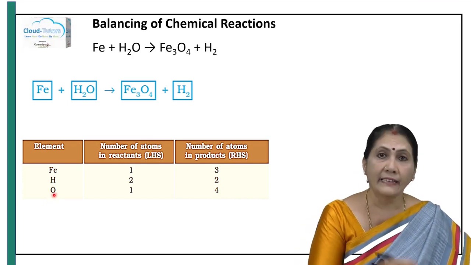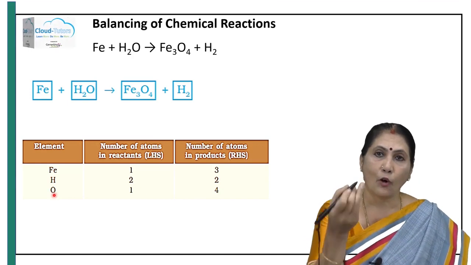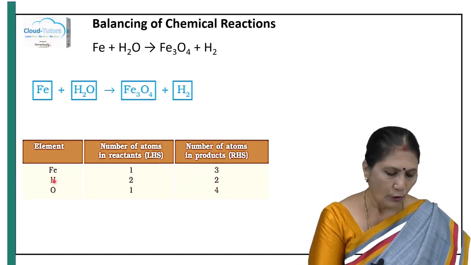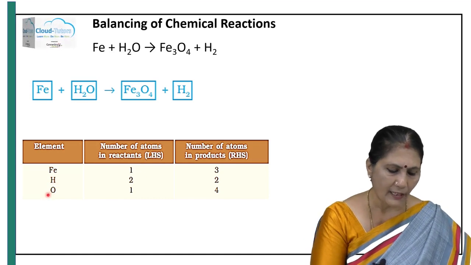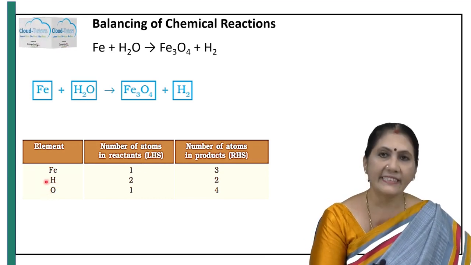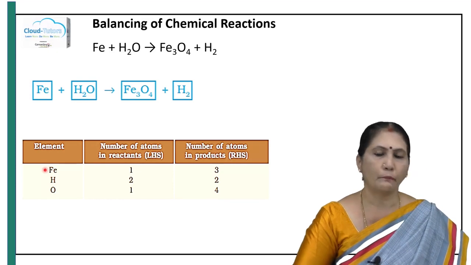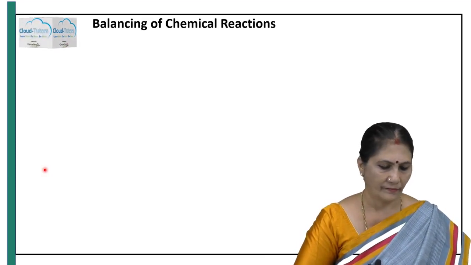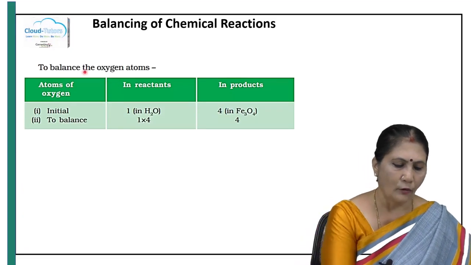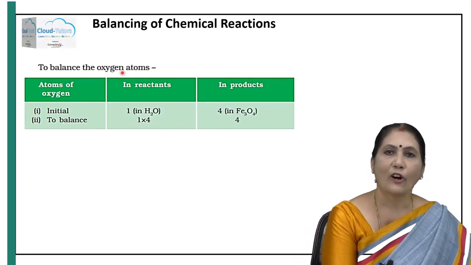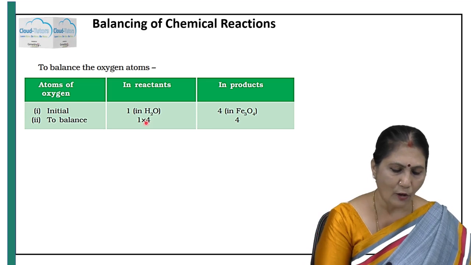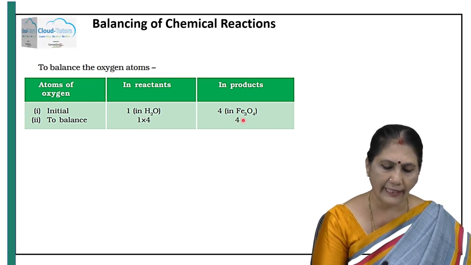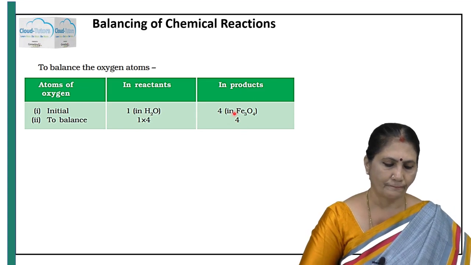Oxygen is in combined form with which other element? Here it is hydrogen. So you start balancing oxygen first, then hydrogen, then finally you come to balancing iron. Now, let's balance oxygen first.